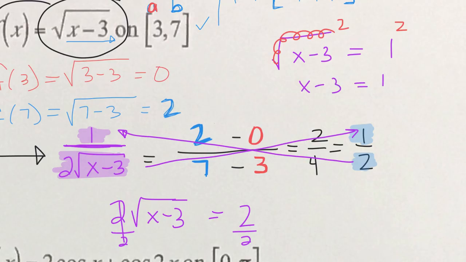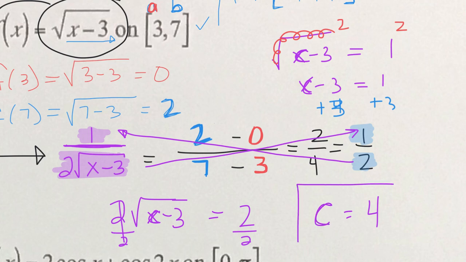Is 1. And then my final step is adding the 3. So x equals 4. Or rather, I guess if we're going to be true to our formula, this should be the letter C, right? All of these should be C's if we're going to be true to f of C. But that's okay. X and C, it's fine. It doesn't matter that much.